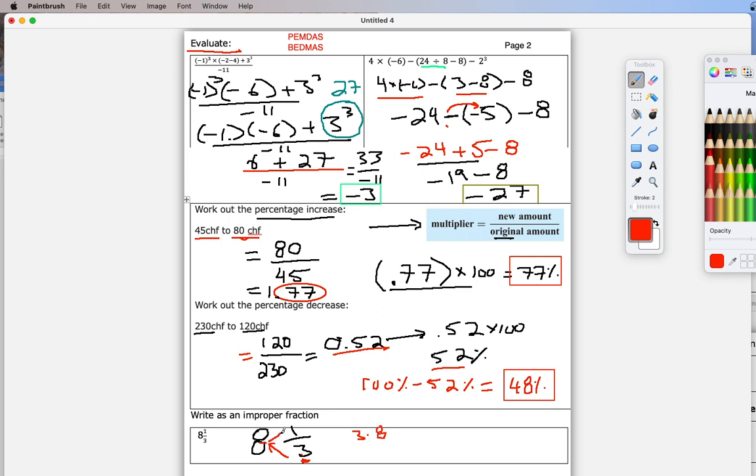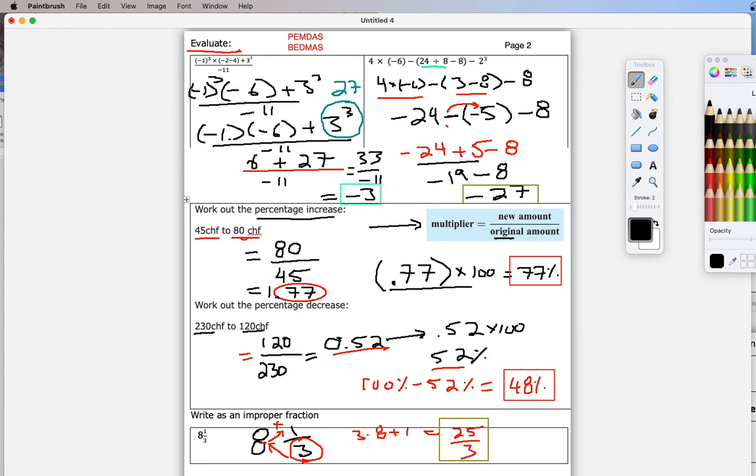And then you're going to add the numerator plus 1. So if you do that, 3 times 8 is 24, plus 1 is 25. And now the denominator you always keep the same, so I put it over 3. So there we go. Now we're done with our improper fraction, okay?